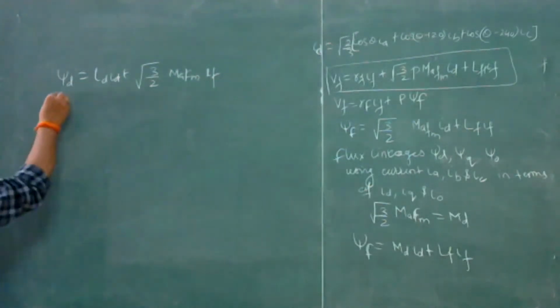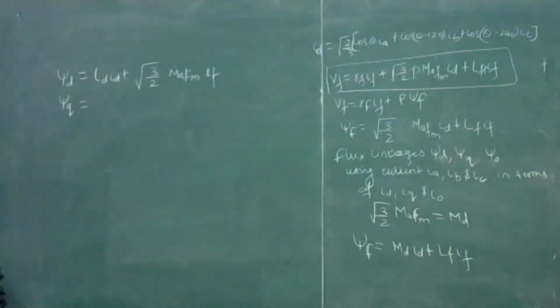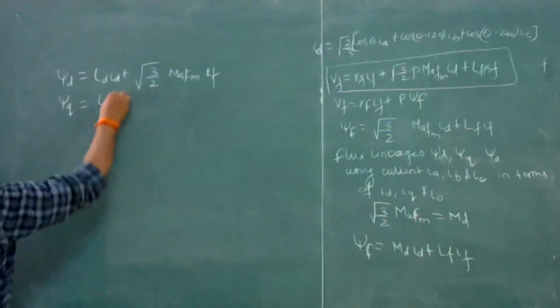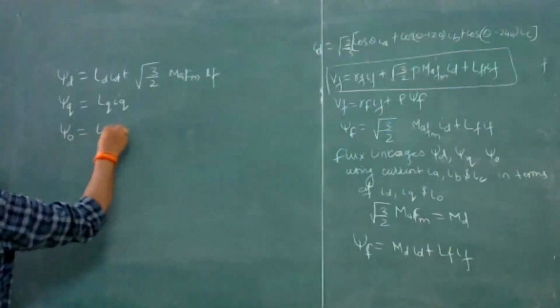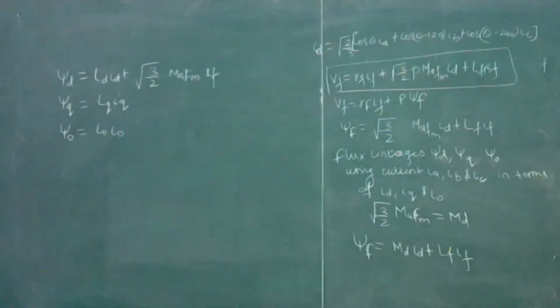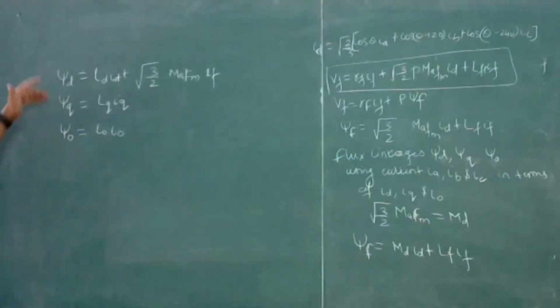And then psi Q is equal to LQ IQ, and psi naught is equal to L naught. So in this manner we can do the similar derivation, and we can find the value of psi D, psi Q, and flux linkage in DQ axis.